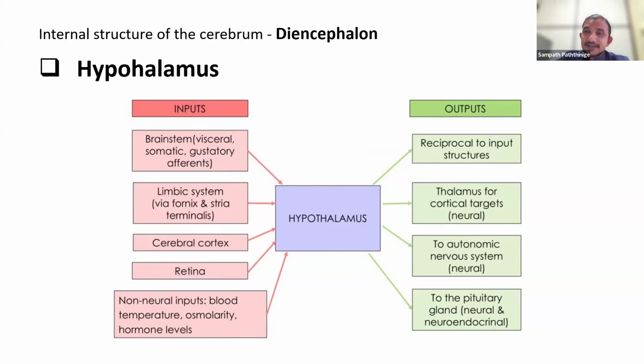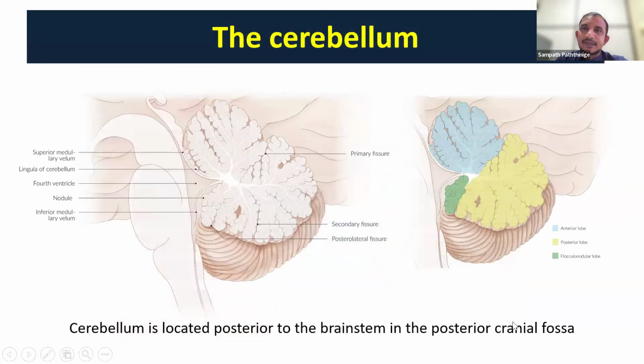The day and night is recognized by the hypothalamus, and it sends outputs to the thalamus, the autonomic nervous system, the pituitary gland, and also sends information back to the cortex as well, right? So it has so many different afferent and efferent connections.